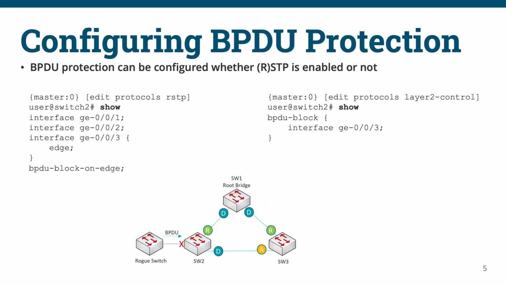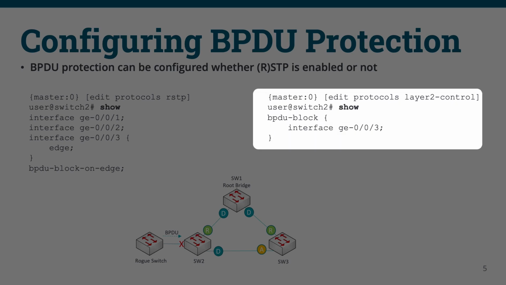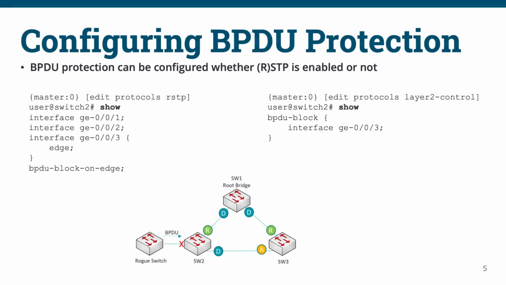BPDU protection is configured at the edit protocols layer2-control configuration hierarchy, where member interfaces are added under the bpdu-block command. BPDU protection may be configured whether the switch participates in spanning tree or not. You may have a use case where you want to block all BPDUs received on a switch which doesn't participate in spanning tree protocol.